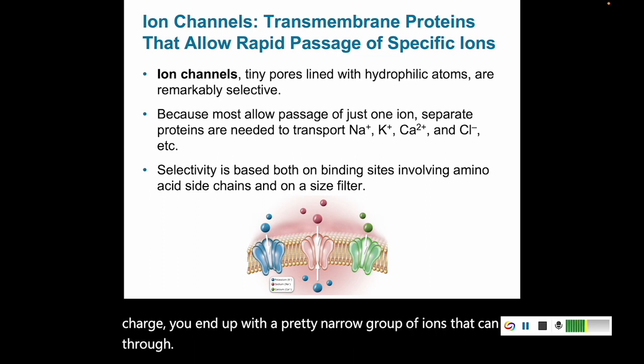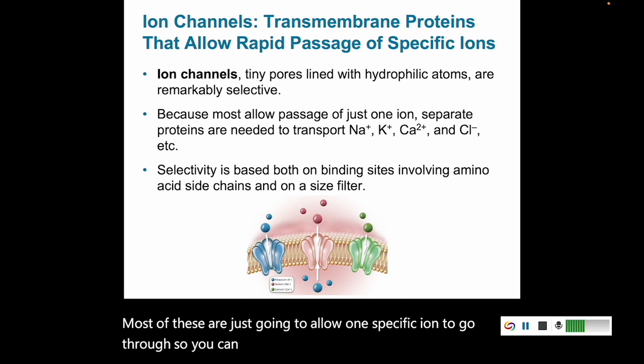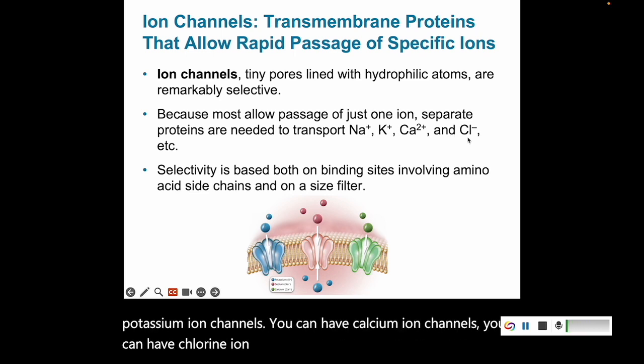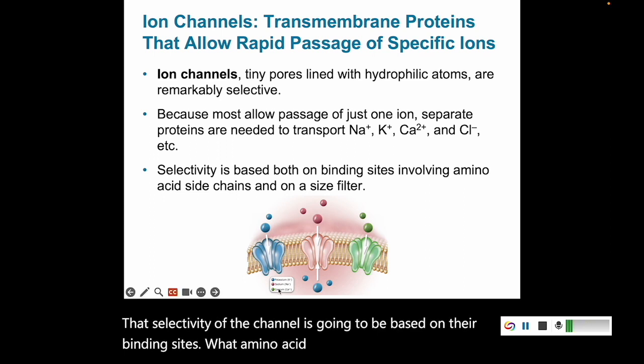Most of these are just going to allow one specific ion to go through. So you can have sodium channels, potassium ion channels, calcium ion channels, chloride ion channels. That selectivity of the channel is going to be based on their binding sites, what amino acid side chains are there, and how big that opening is.